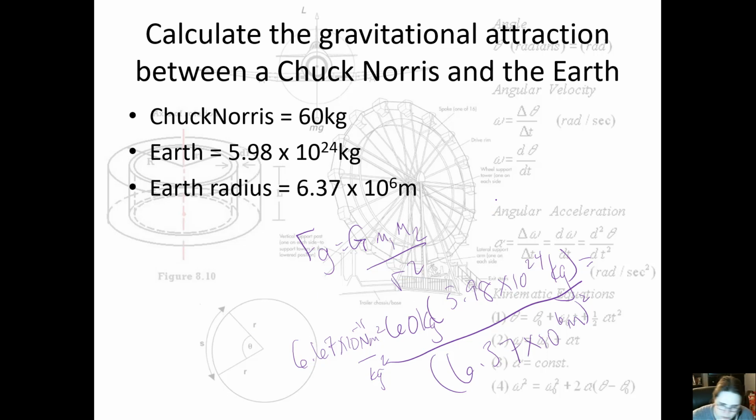Okay, so when you plug this in, the 6.67 times 10 to the minus 11th newtons meters squared divided by kilograms squared times 60 kilograms times 5.98 times 10 to the 24th kilograms, is here just to make it a little clearer, divided by, this whole thing divided by 6.37 times 10 to the 6 meters, and this quantity is squared.